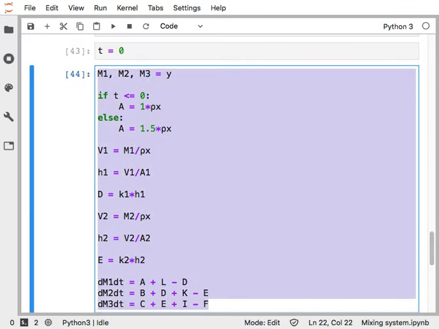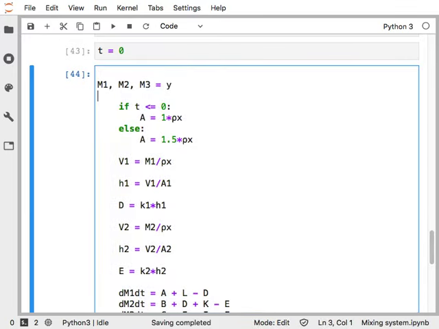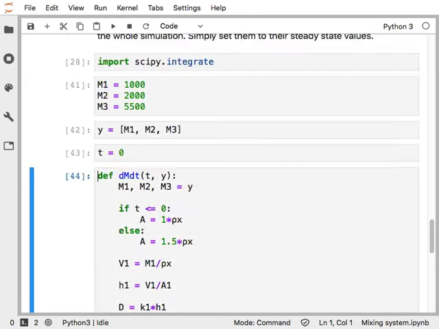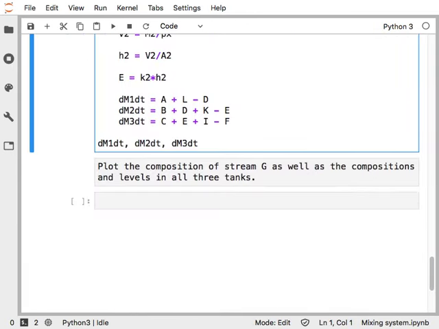I can wrap it in a function and now I've got my mass balance function written. I know it works because I've tested each of the parts separately. I know that given the stuff that it knows, it will be able to calculate the correct derivatives. I just need to return this thing that I had at the end here. So this is what I'm returning.